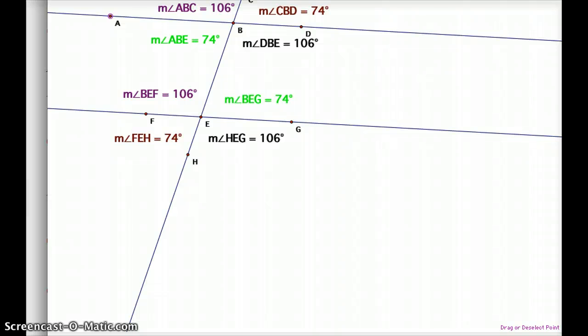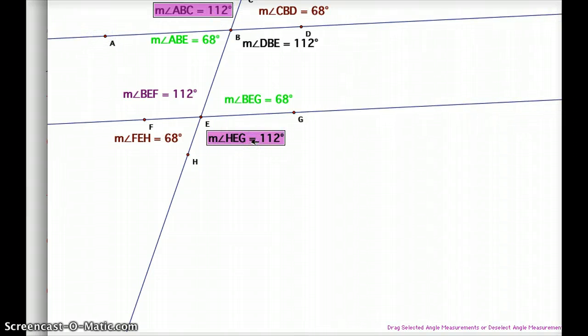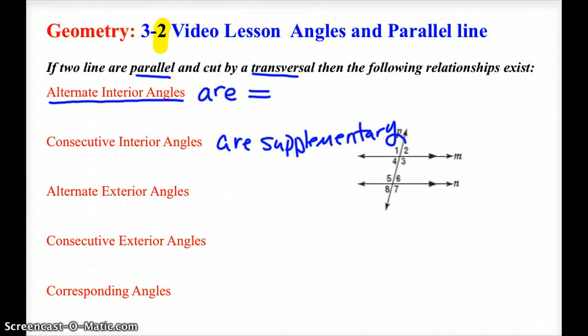If I grab and move, now it's 112 and 112. Here's another pair, 68 and 68. So my alternate exterior angles, when lines are parallel and cut by a transversal, are going to be equal.